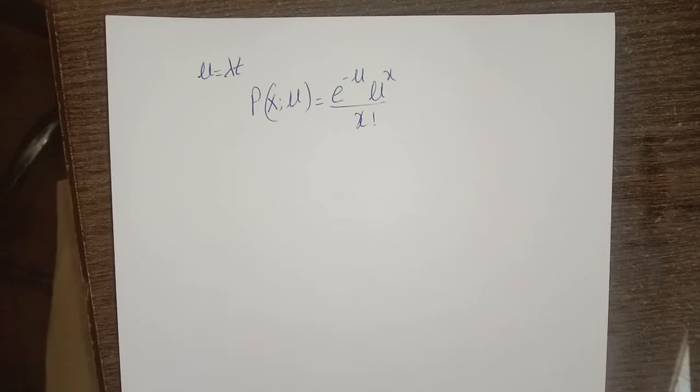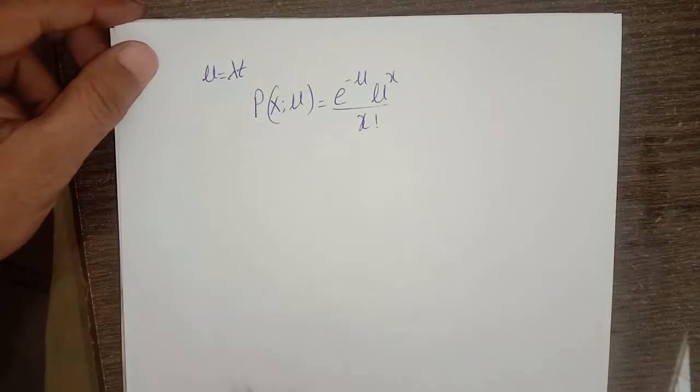When the probability of success is very low, let's say it approaches 0, and the number of trials is very large, then we can approximate the binomial distribution with the Poisson distribution. Let's see how in the next section.